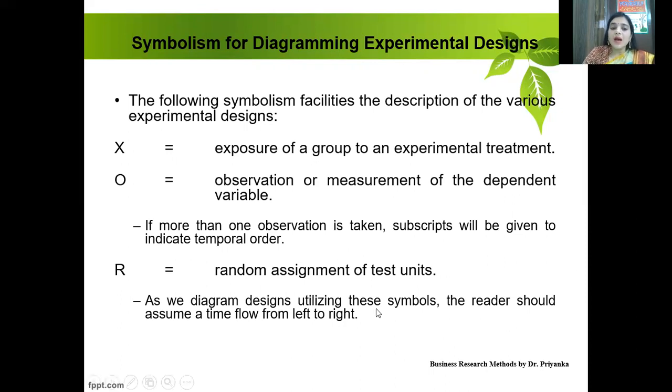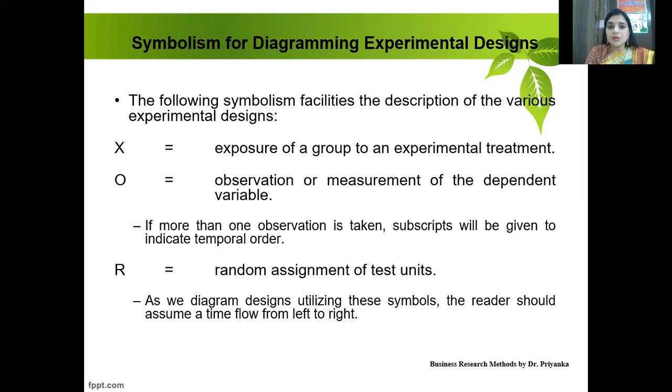Then R is random assignment of test units. For example, either an individual, an individual company, a group of individuals or a group of companies. As we diagram designs utilizing these symbols, the reader should assume a time flow from left to right. The first time would always be first and the second time would be on the right side.